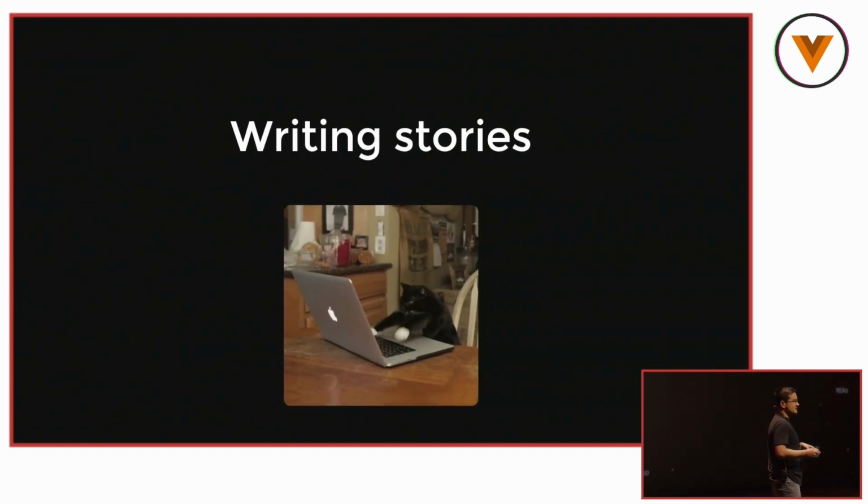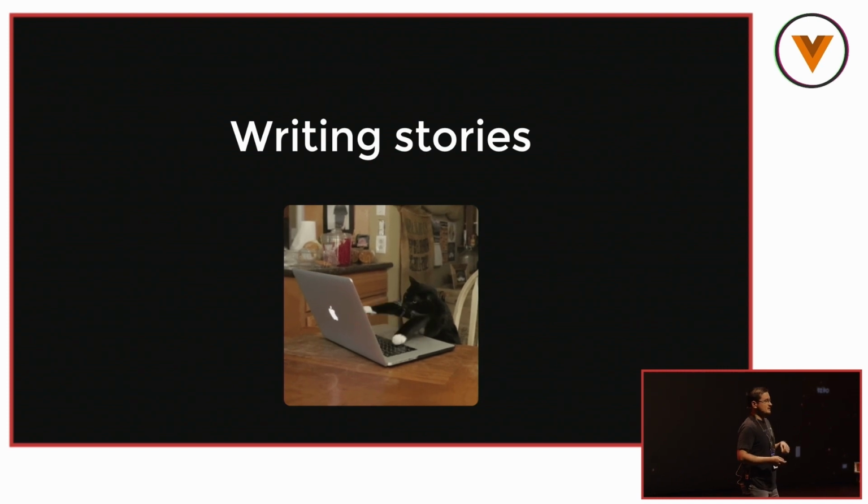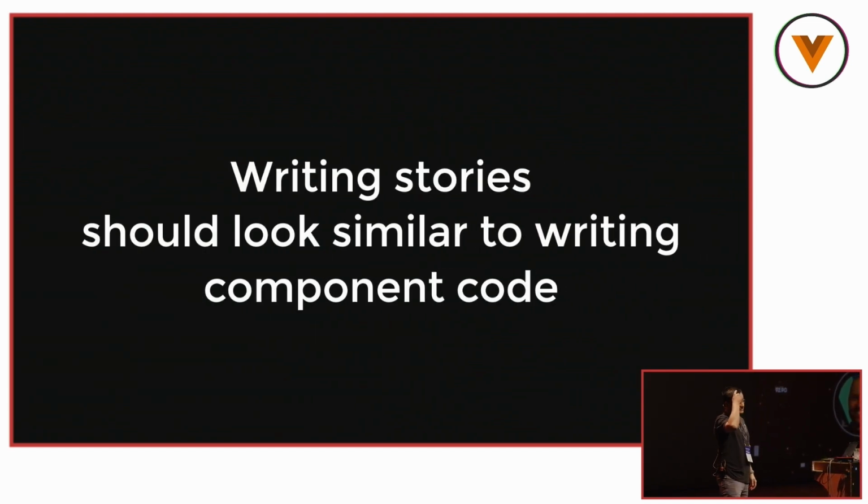Writing stories is the big difference between Histoire and other tools. My idea was to make it so that stories integrate well in a project, especially in a Vue project, where we don't usually use things like JSX, for example.